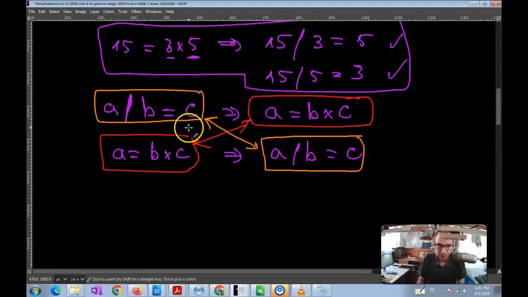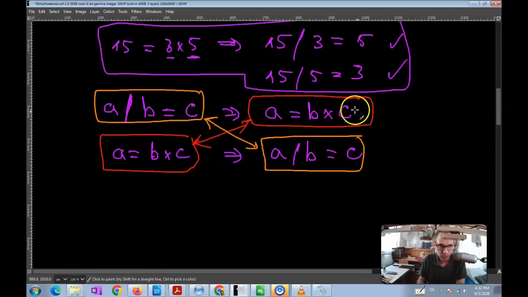And you see that this expression implies this expression and vice versa. So I could put these two together, meaning one of them implies the other and the other also implies the first one. So it's kind of a two-way street, right?